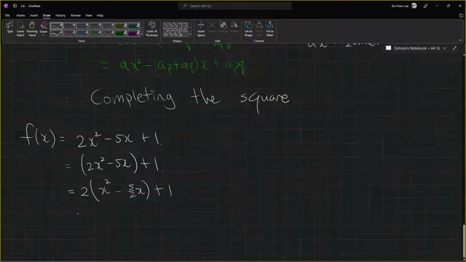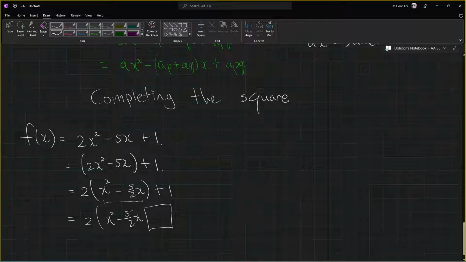See where this is going? Now, to make the inside of the bracket a square, which we want, we need to come up with a constant term that completes the square.